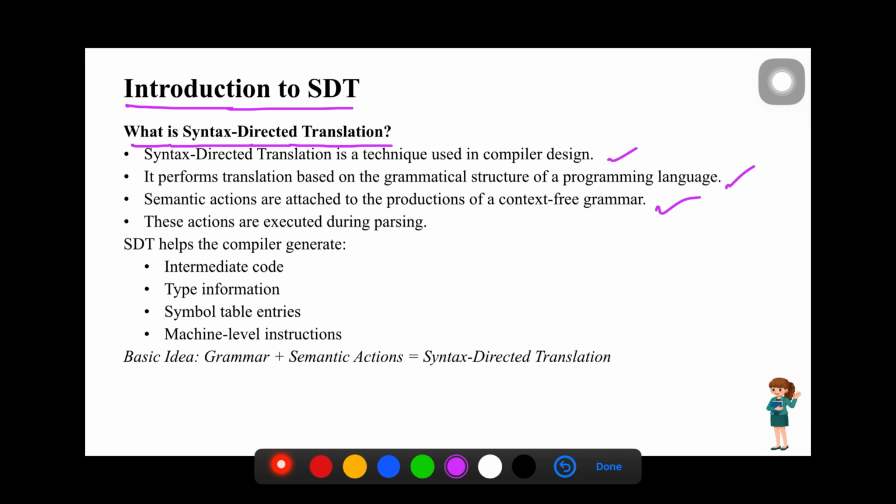These actions are executed during parsing. SDT helps the compiler generate intermediate code, type information, symbol table entries, and machine level instructions. The basic idea is grammar plus semantic action, which gives the syntax directed translation. I hope you guys understood. Let's move on to the next slide.